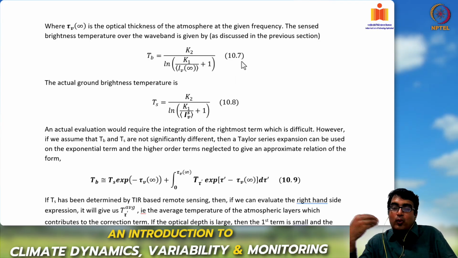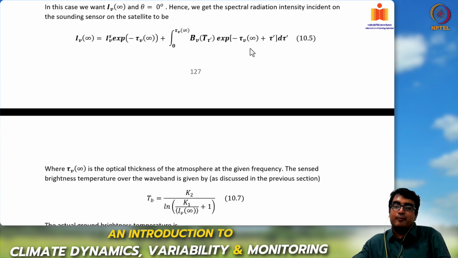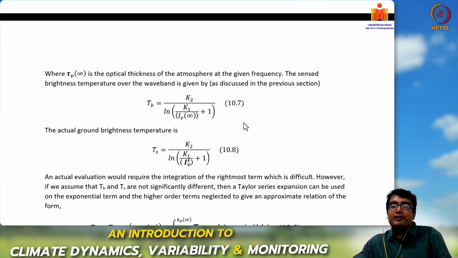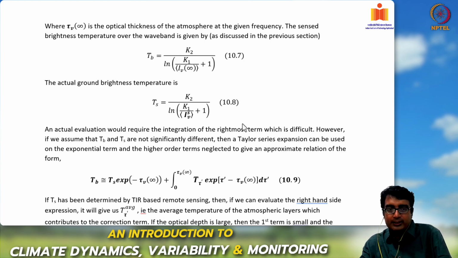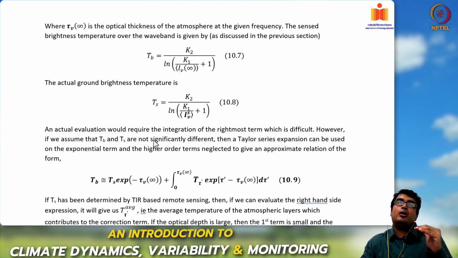Now there are ways to simplify this. In many more sophisticated algorithms, this term is directly evaluated, but we will show a more simpler technique of doing this. Suppose we assume that the sensed brightness temperature and the surface temperature from the ground are not significantly different.